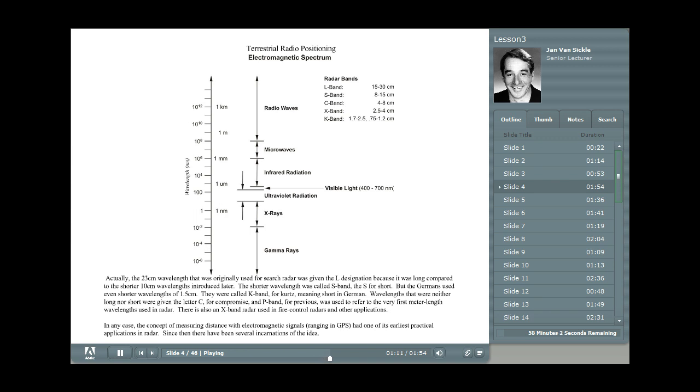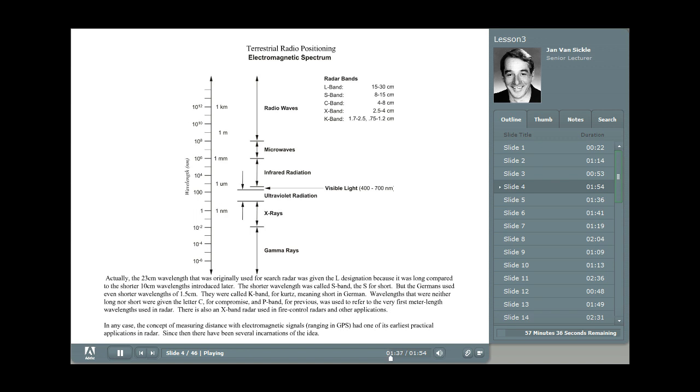And of course, with the wavelengths of the GPS carriers in the neighborhood of 20 centimeters, they fit well within that context. But overall, the idea of radar measuring distances with electromagnetic signals was instituted with that technology.